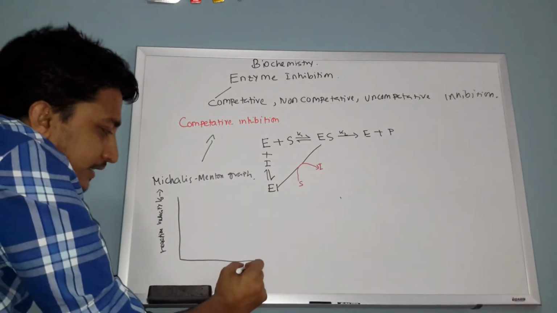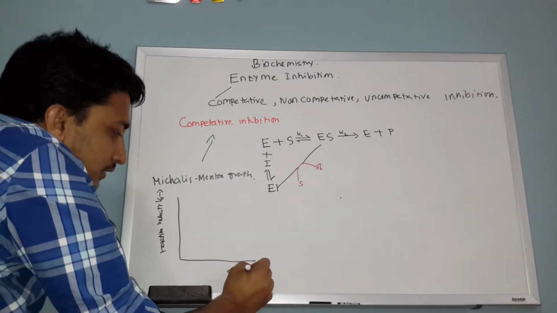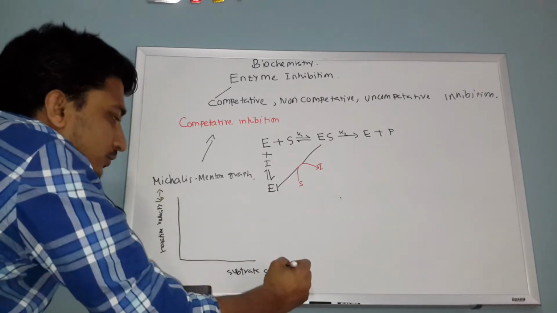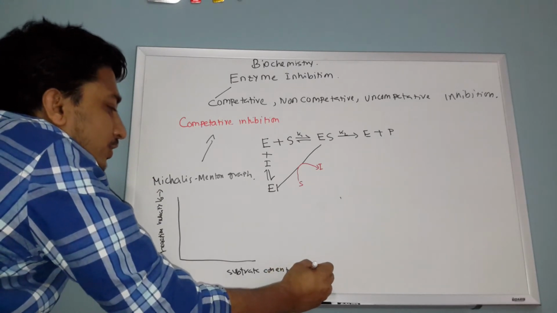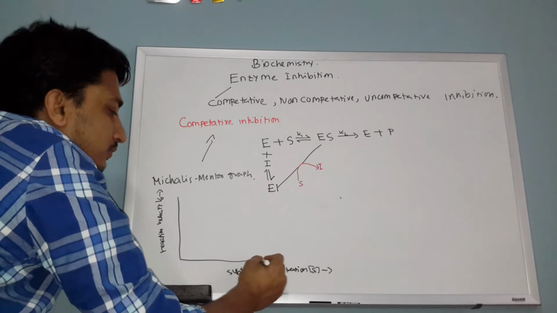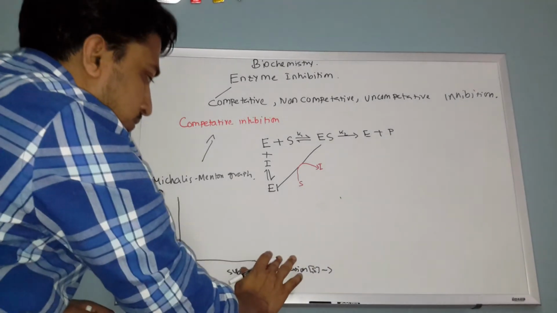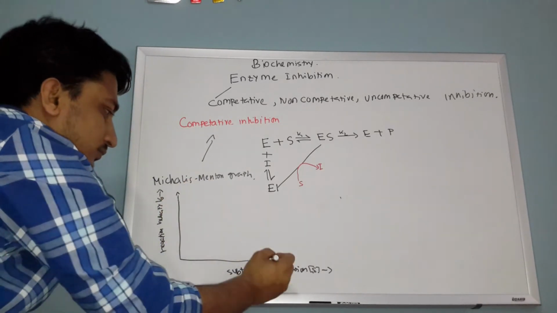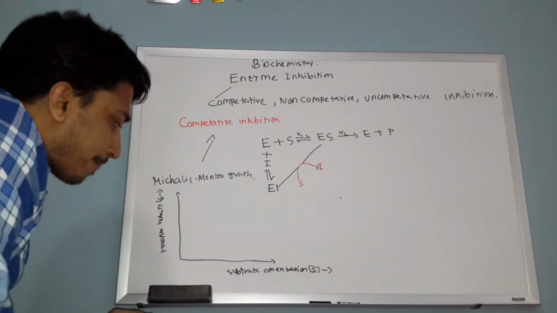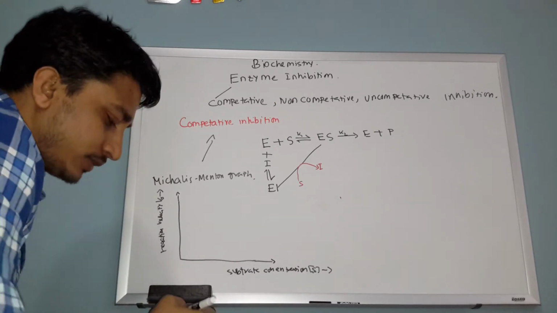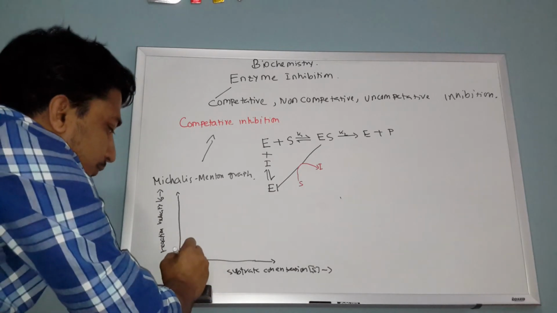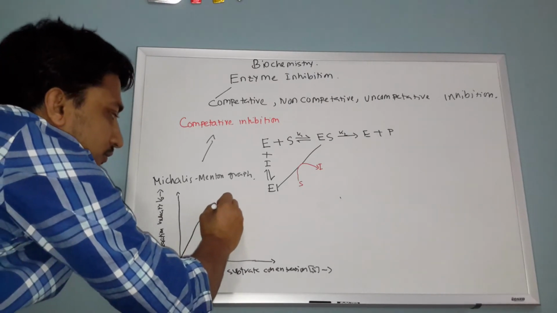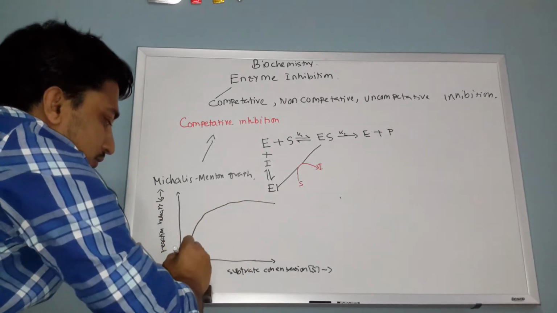Reaction velocity V naught, and there is the substrate concentration S. Okay, look what happened. Here, for example, your curve is going to be a hyperbola.